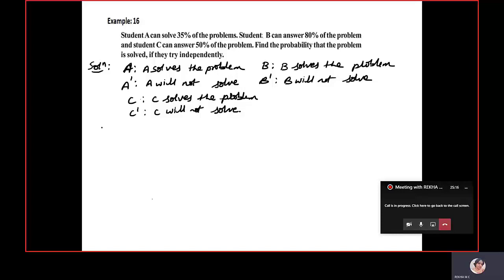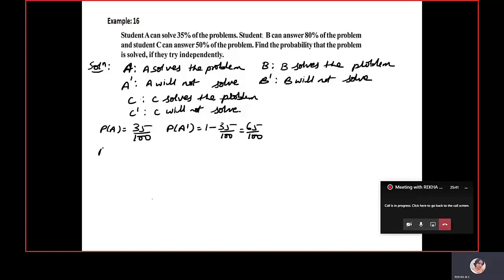So P of A is given 35% of the problems will be solved by student A. So 35 by 100. So P of A complement is 1 minus P of A, that is 1 minus 35 by 100, that is equal to 65 by 100.